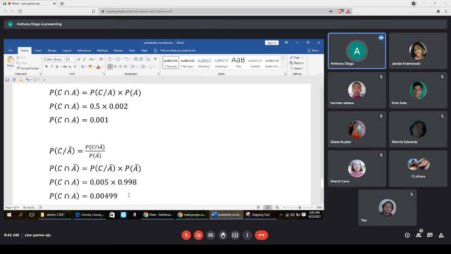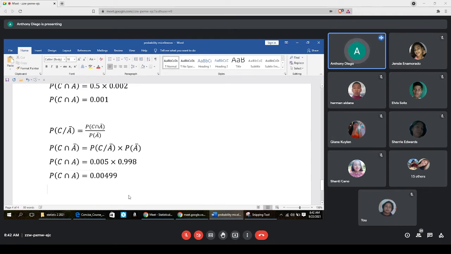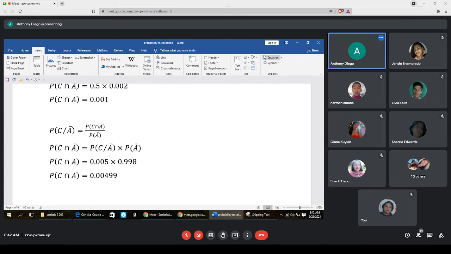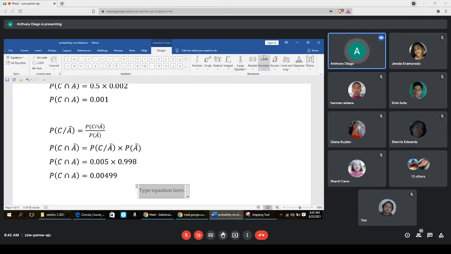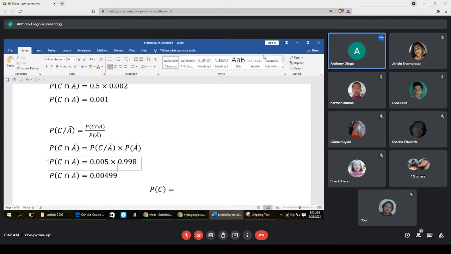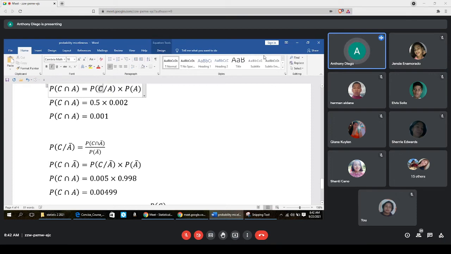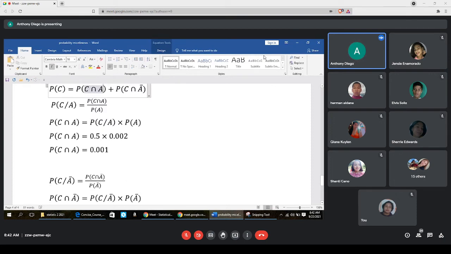Okay. So now to complete what we want, all we need to do is the following. That's the probability that it is cracked. Remember, I already gave you the formula from the beginning. The probability of C is equal to the probability of C intersecting A plus the probability of C intersecting A complement.